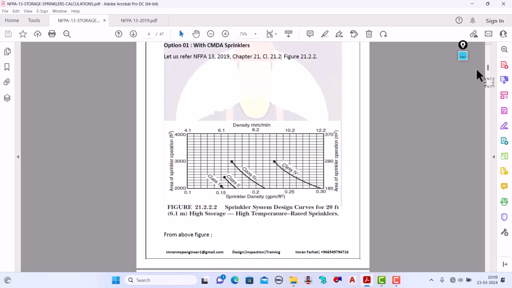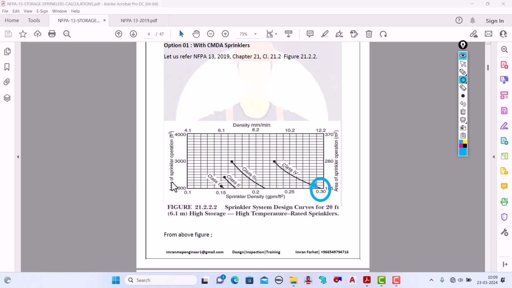Our occupancy is class 4 here. So the density will be 0.3. It's clear.